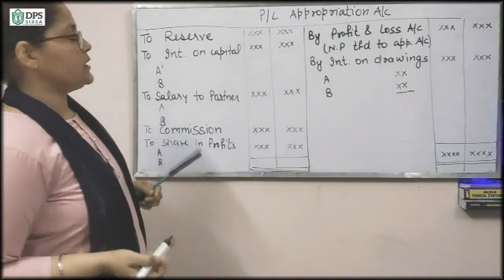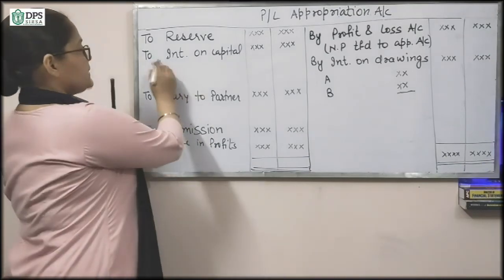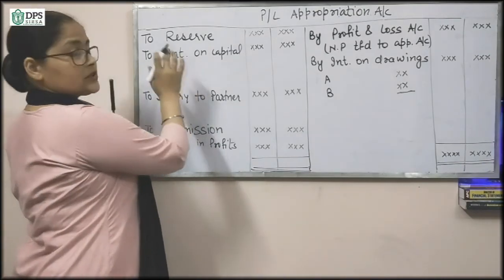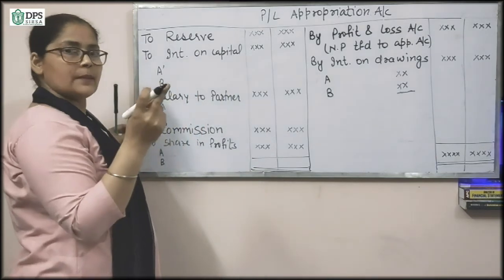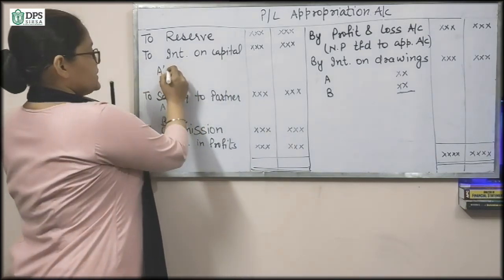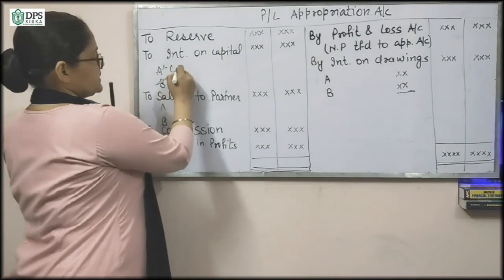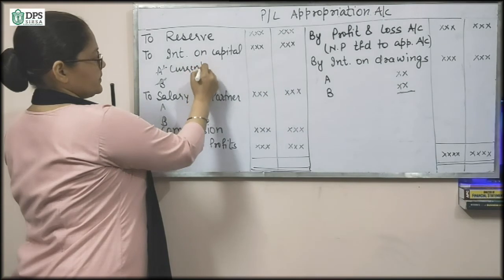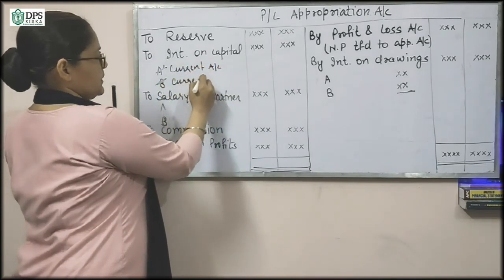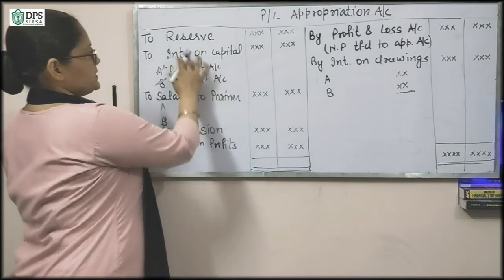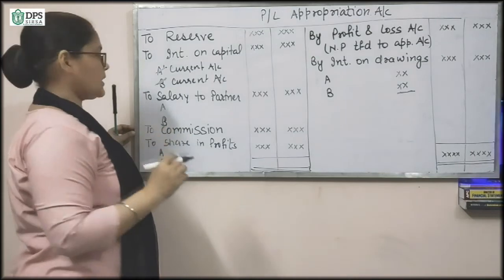In that case, wherever we were writing in journal entries interest on capital to A's capital account and B's capital account, we will now write A's current account and B's current account, because in the case of fixed capital these entries will go to the current account.